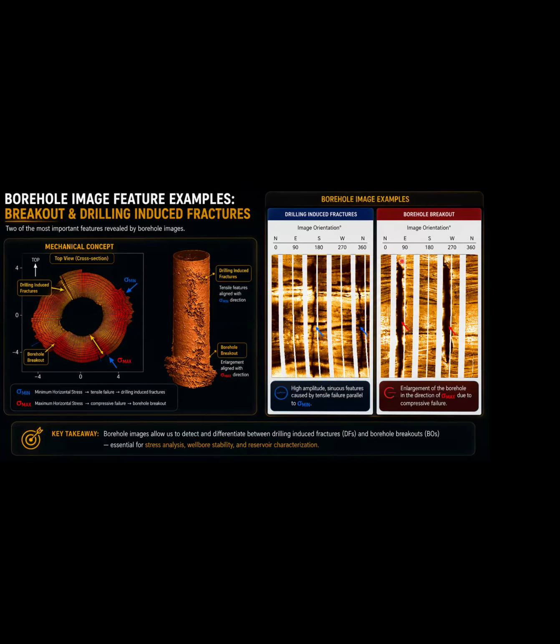But if, for example, the breakout occurred like here in this example in northeast-southwest, then the induced fracture will be northwest-southeast, and so on.